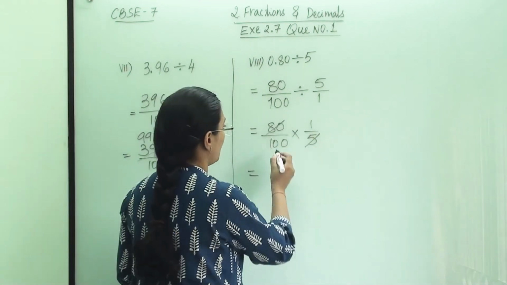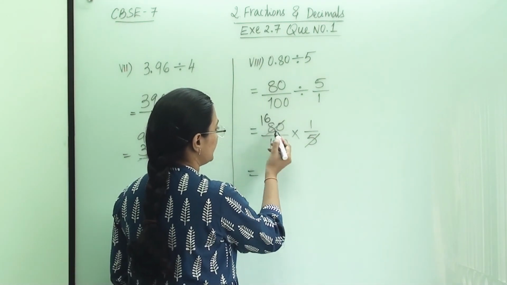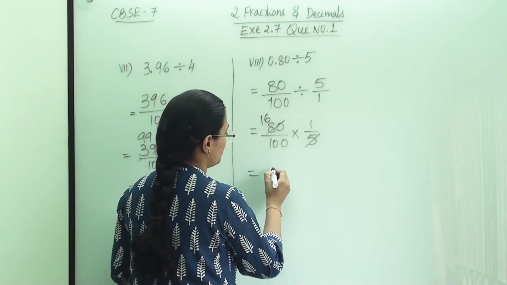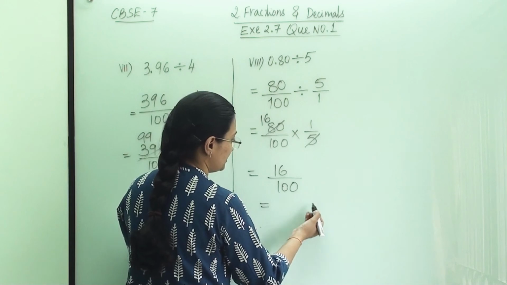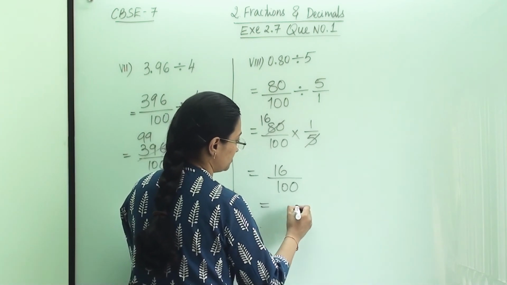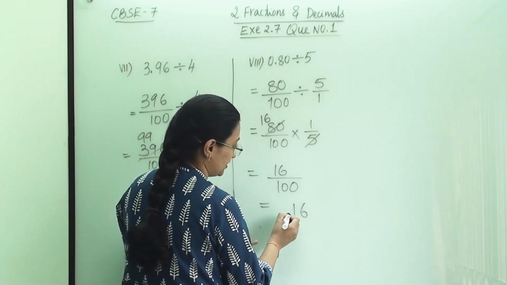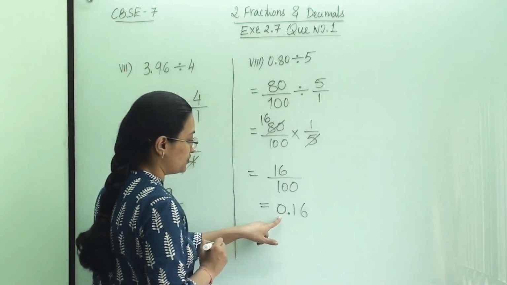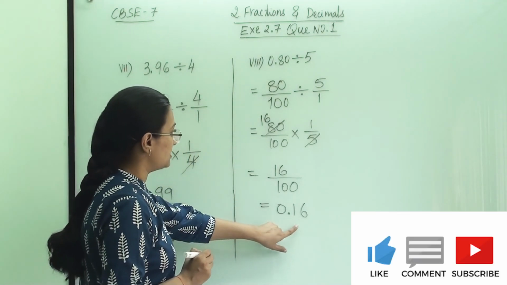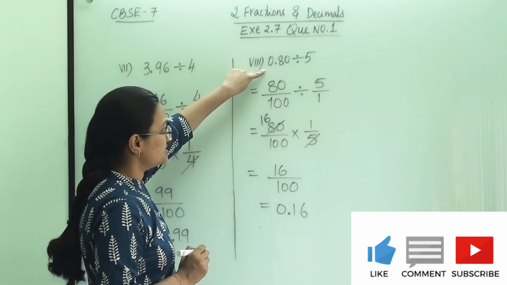So now we'll multiply with 16, then we will get 80. So 16 in division 100 is there. So from the right side we have to count two numbers, that 6 and 1, and here we are going to put decimal point and we will put one more 0. So 0.16 is going to be the answer from this division.